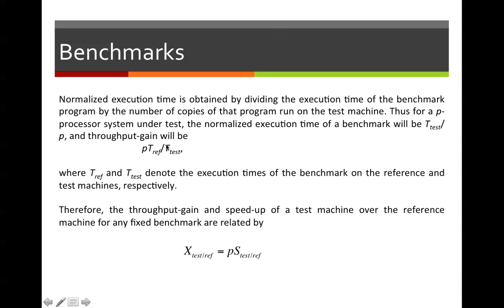But since this is the actual time observed, dividing that by P is like normalizing it per processor, and that, when ratioed to T_ref, gives you the rate. Whereas this is the speedup, this becomes the rate. And so that's the relationship here.